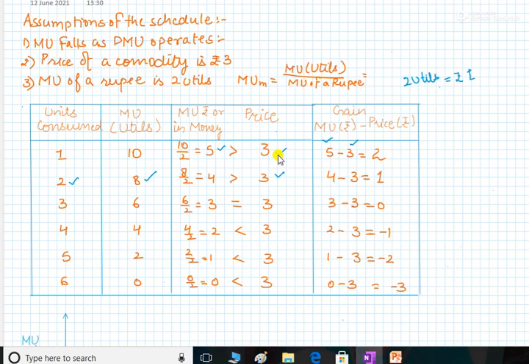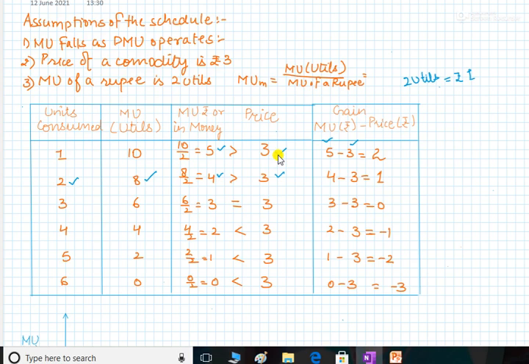Now he is getting 8 utils, and when he divides 8 by the marginal utility of money, that is 2 utils, he gets 4. It means for the second unit he equates it to rupees 4, but what he is paying is 3.